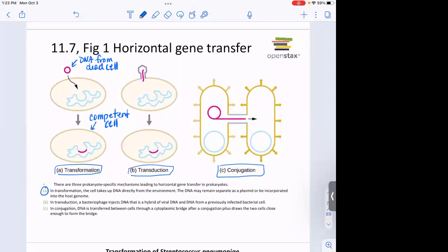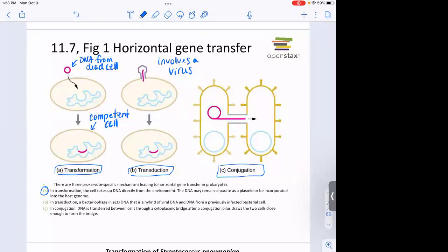Transduction, I don't want to say a lot about transduction. Know that it involves a virus. Okay, so we're going to start talking about viruses today in a few minutes. We haven't talked about it very much, but there are viruses that infect bacterial cells.